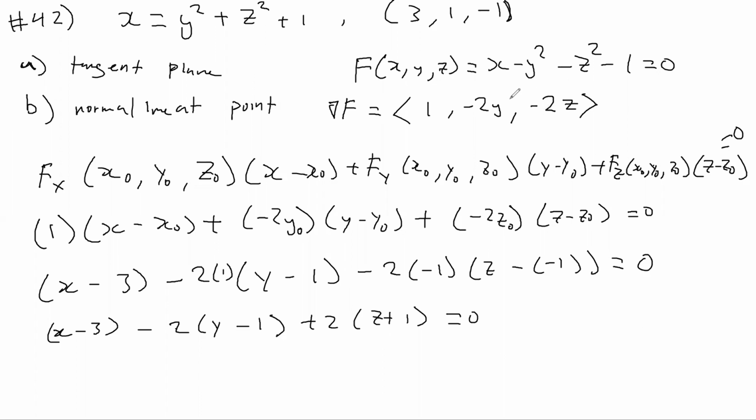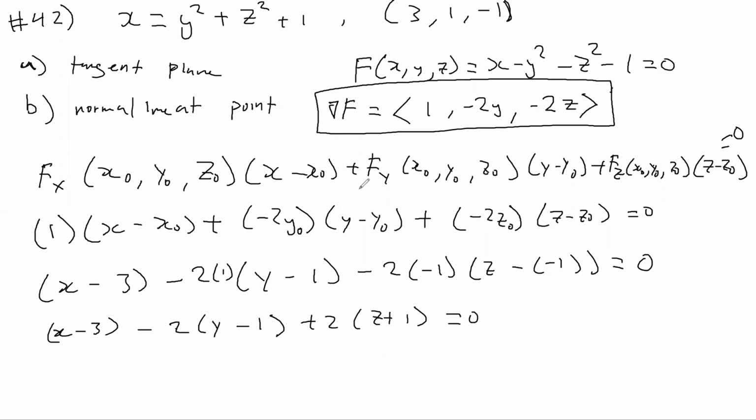Since we're trying to find a normal line, we know gradient vectors are always perpendicular to the surface you're given, as mentioned before. So this is going to point in the same direction as your normal line.